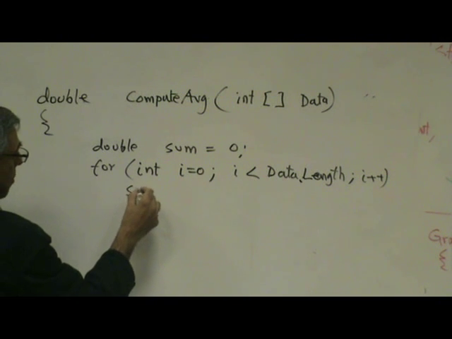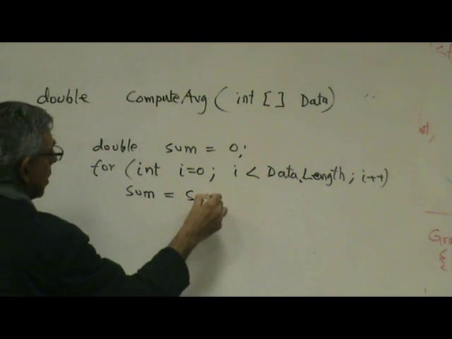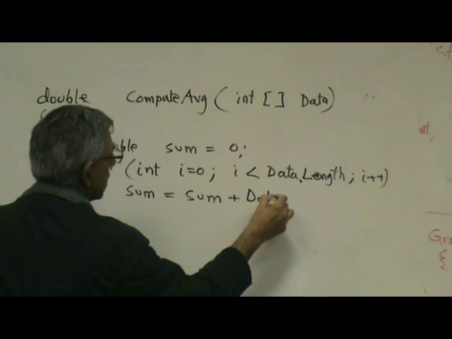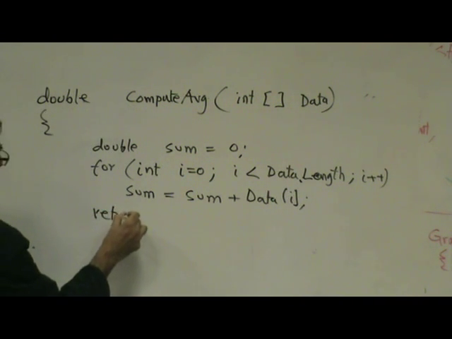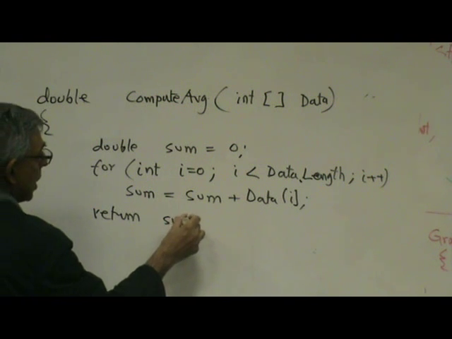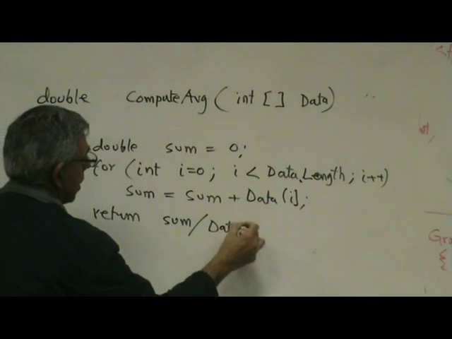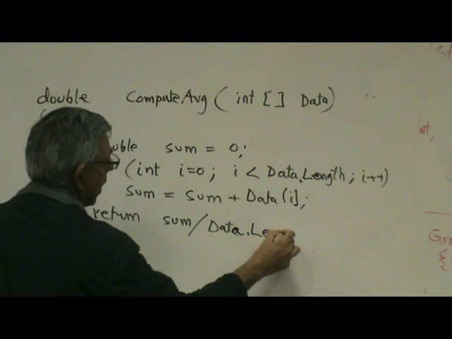And you will do sum equal to sum plus data of i, correct? And then return sum divided by data.length, correct?